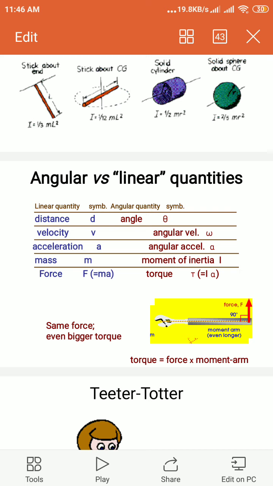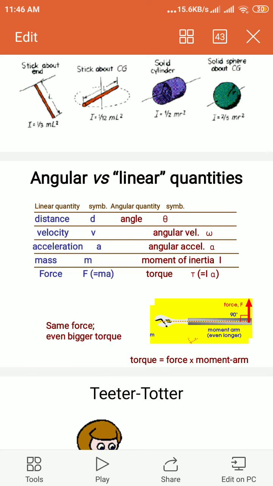Otherwise we can say that torque is force into moment arm. Moment arm is the distance at which the force is exerted from the point where the rotation happens.